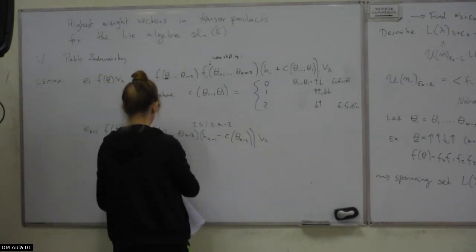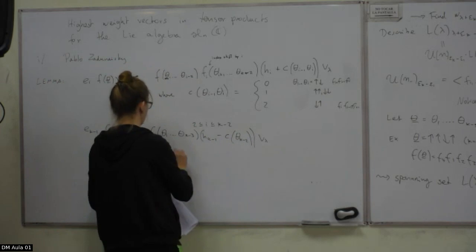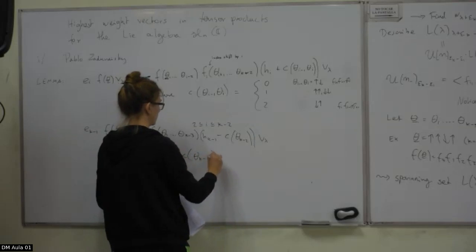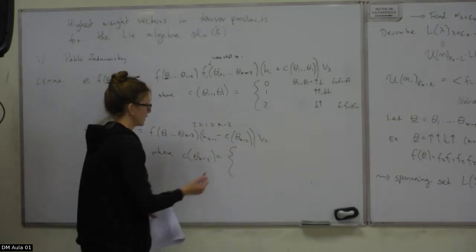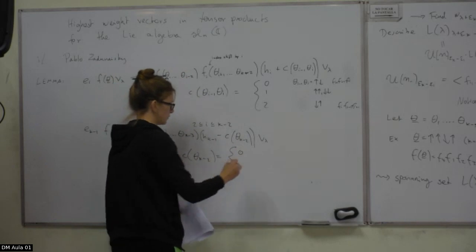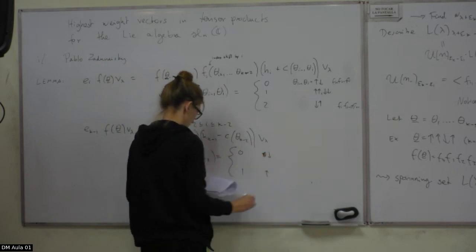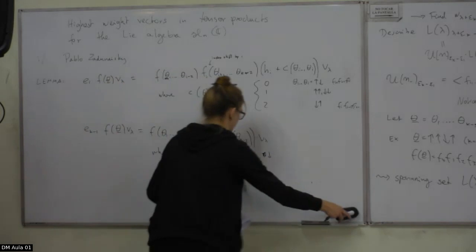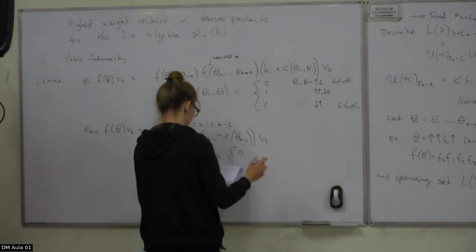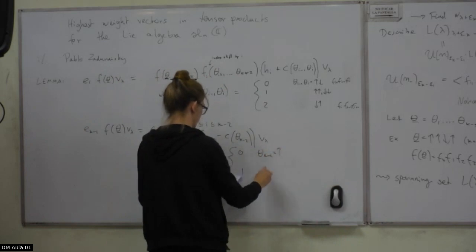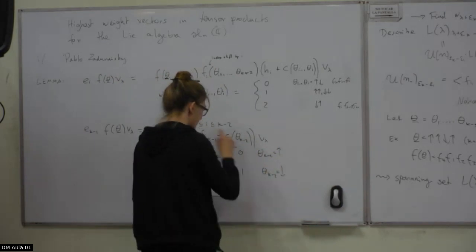It is 0 if the last one was an up, and is 1 if the last one was a down. So 0 if k minus 2 was up, and 1 if k minus 2 was down.